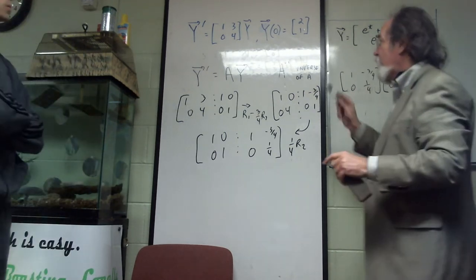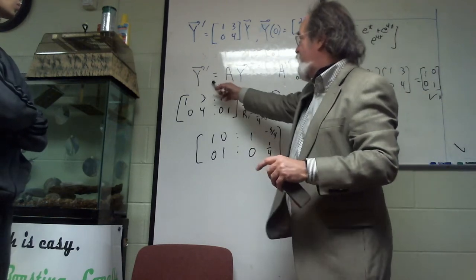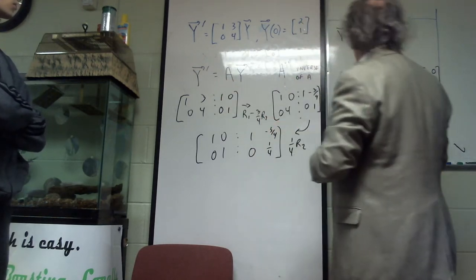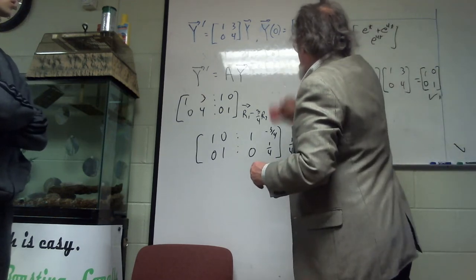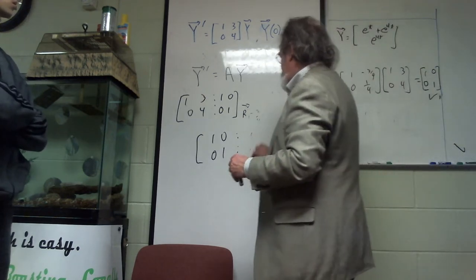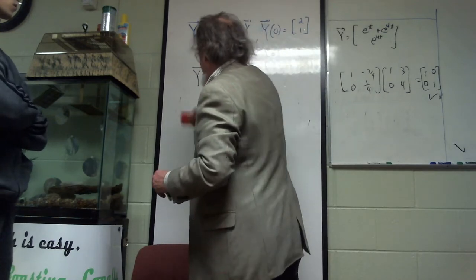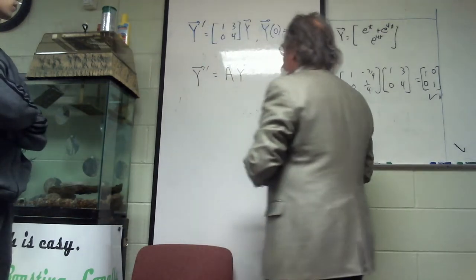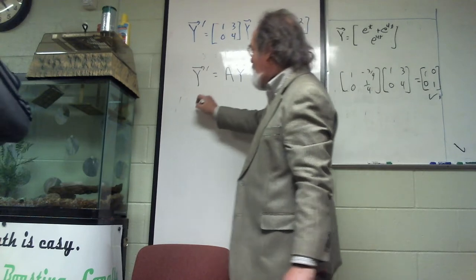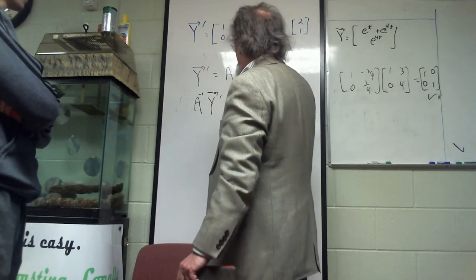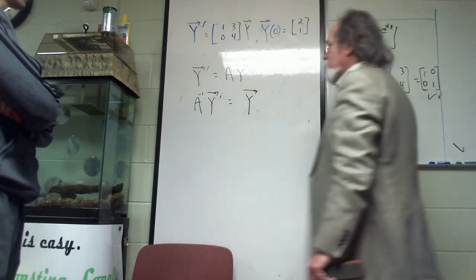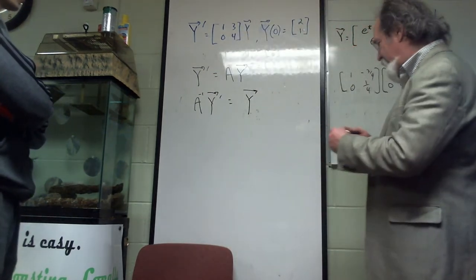And now let's use it. Because if this is correct, let's not lose that inverse matrix. It's right there, so I can erase it here. If my differential equation is correct, then it must also be the case that A inverse times Y prime is equal to Y, by multiplying both sides by A inverse.